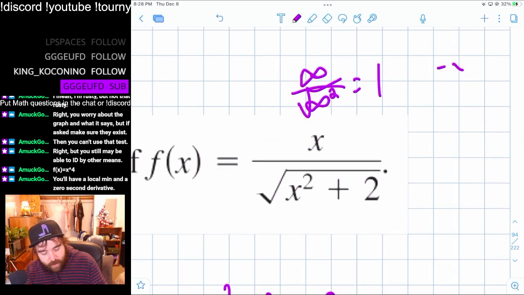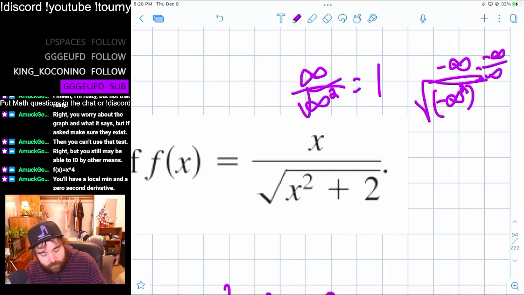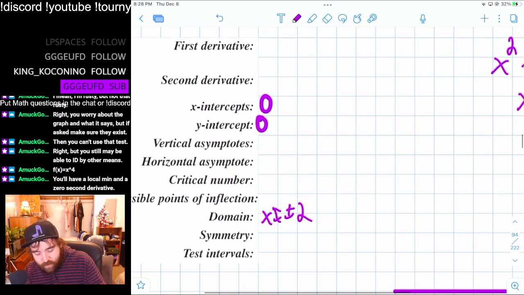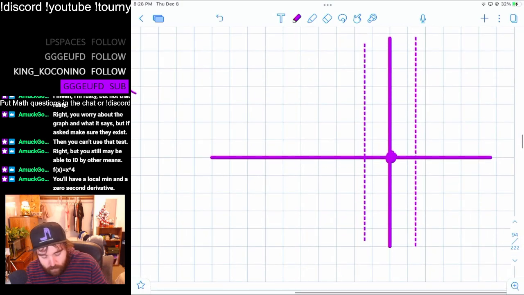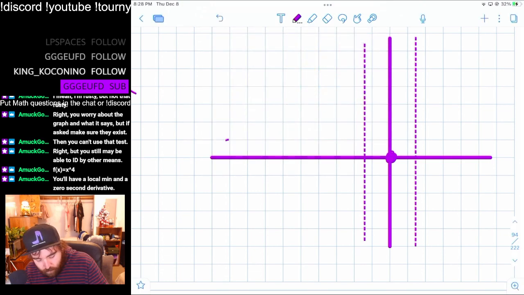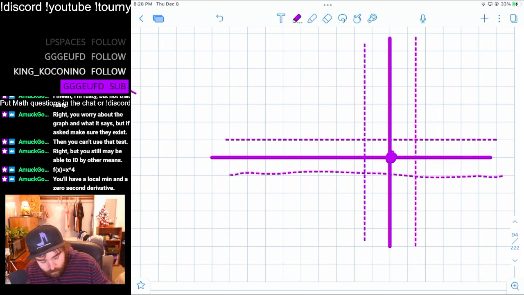But when we plug in negative infinity, this ends up being negative infinity over infinity, so that's negative 1. So this is going to have two horizontal asymptotes, plus or minus 1. As we go to the right, it's going to be the positive 1. As we go to the left, it's going to be the negative 1.